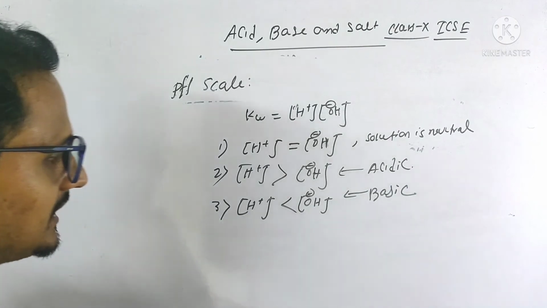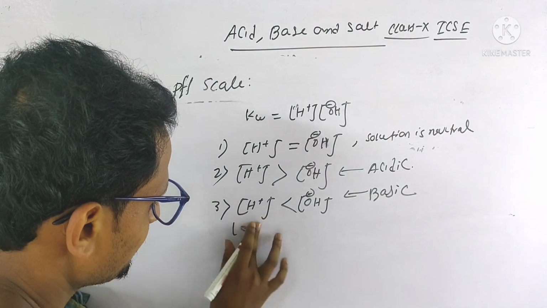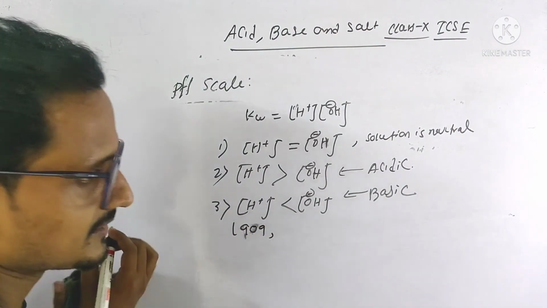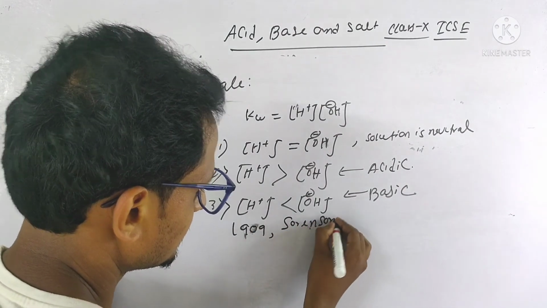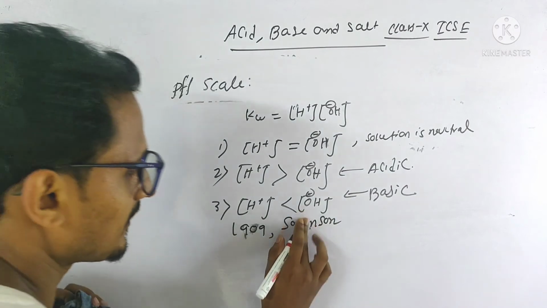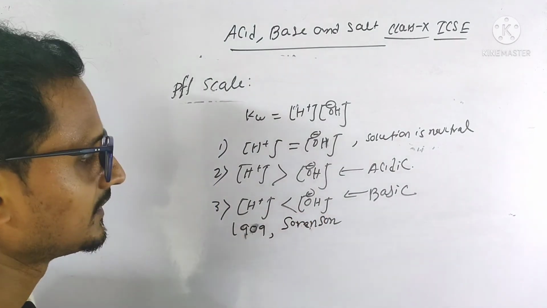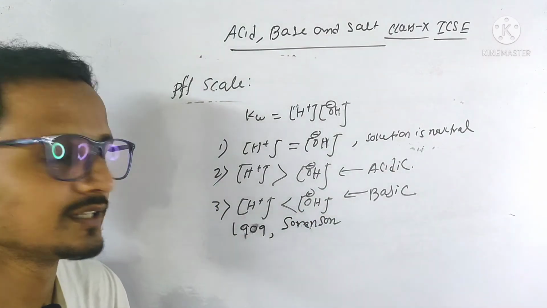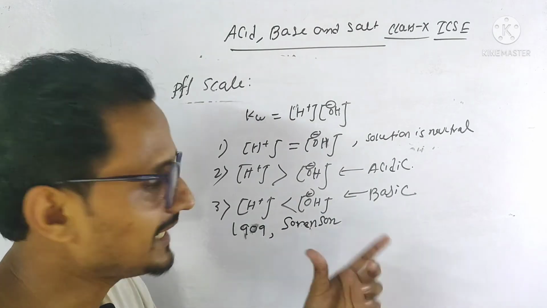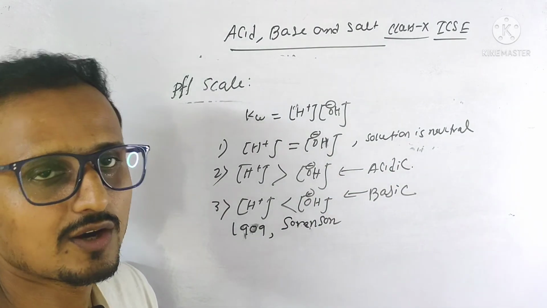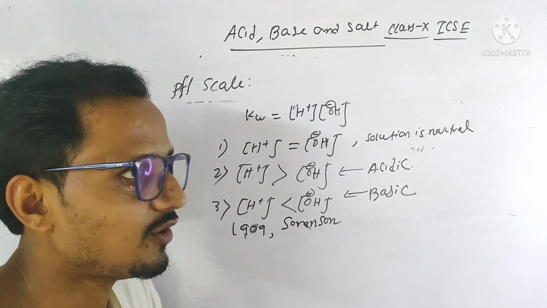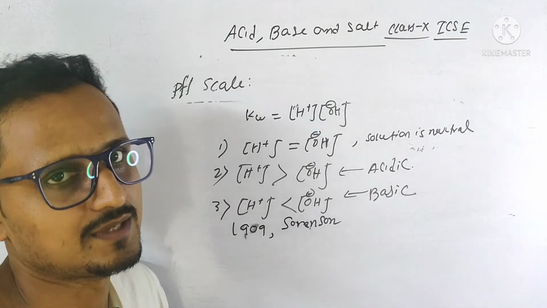As the H plus ion concentration depicts the strength of a solution, in 1909 the scientist Sorenson gave a theory about how to calculate the strength of an acid or base, which depends only on the strength of H plus.